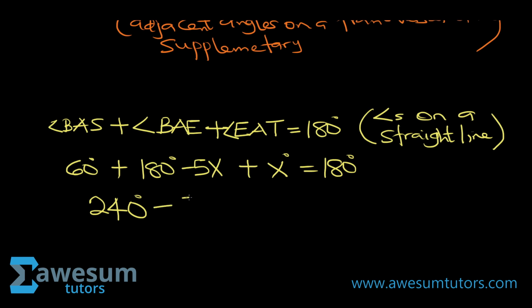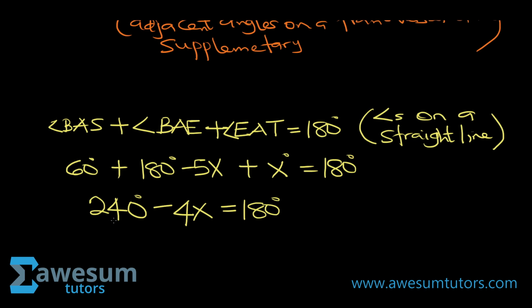Then we have negative 5x plus x, which is going to give us negative 4x, equals 180 degrees.